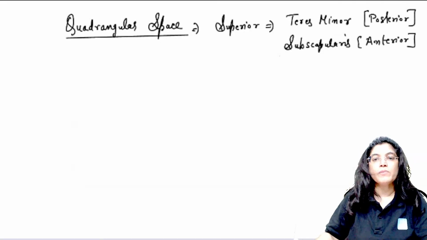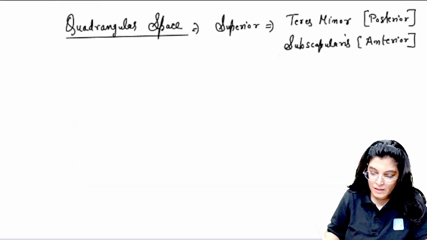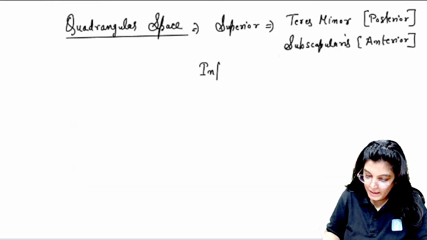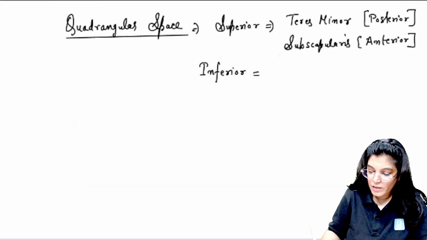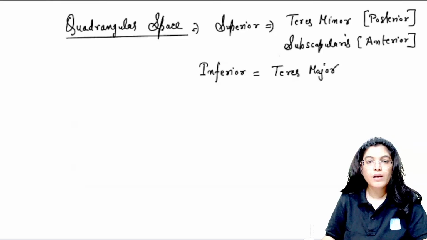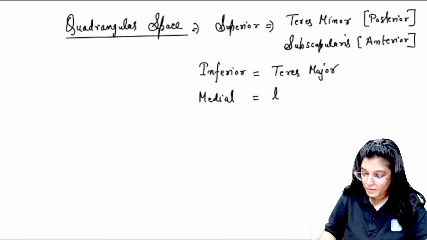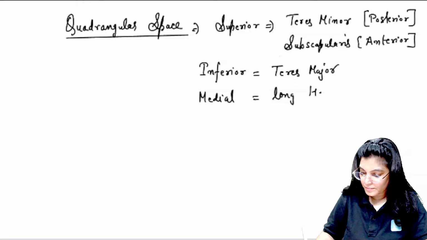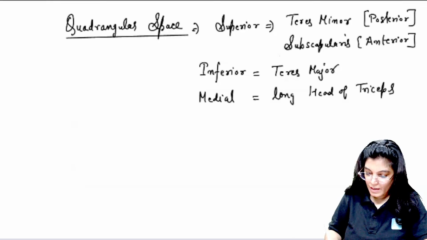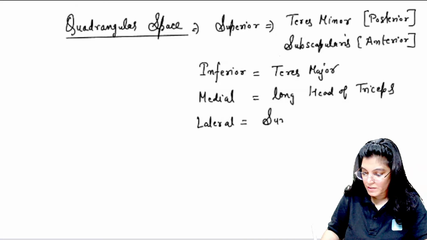As the image is made from the posterior view, we can see only teres minor muscle. What is lying inferiorly? Inferiorly, it is bounded by teres major muscle. On the medial side, it is bounded by long head of triceps, and on the lateral aspect, by surgical neck of humerus.